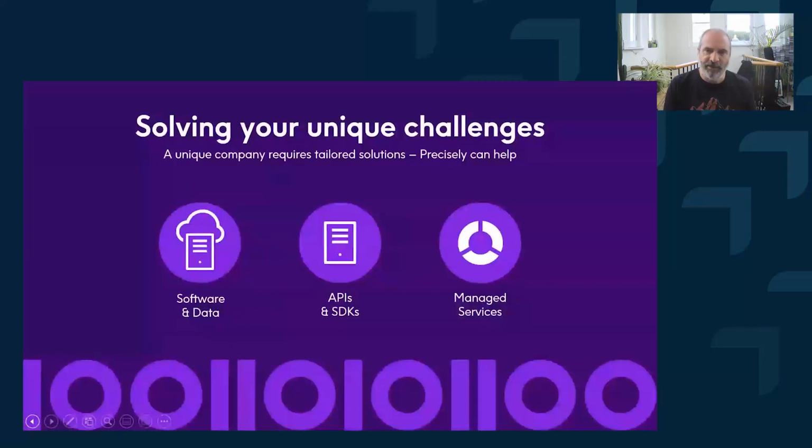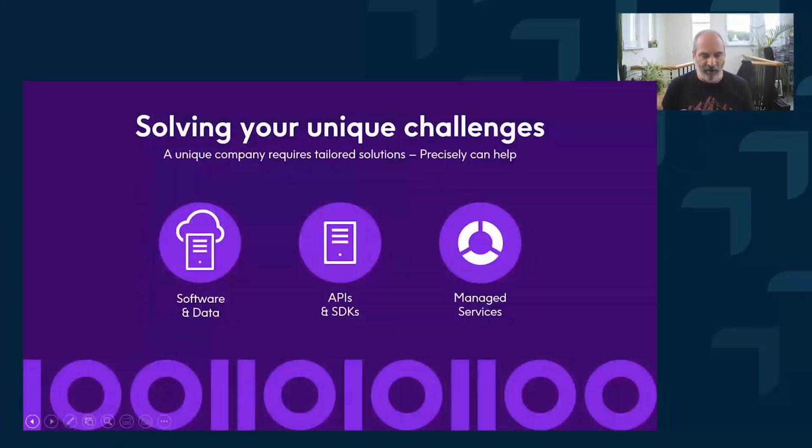And as we move into rounding that up, what Precisely is able to do is provide a combination of software and data to be able to address those business cases, those business problems. You can access those capabilities through APIs and SDKs as well, and be able to also use that within a managed service.